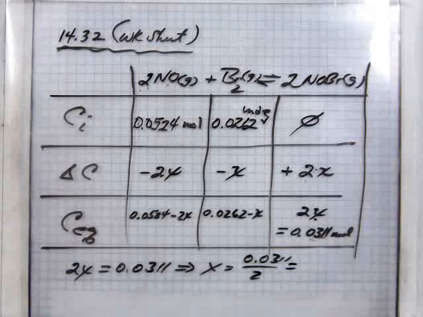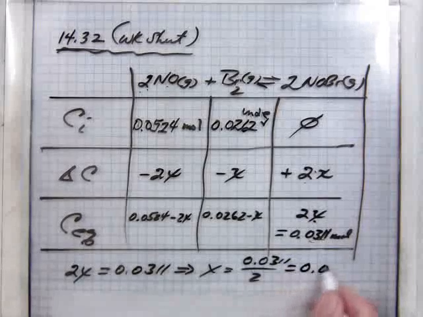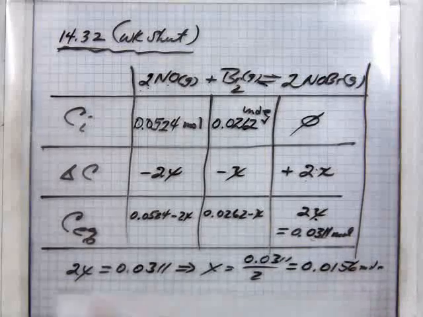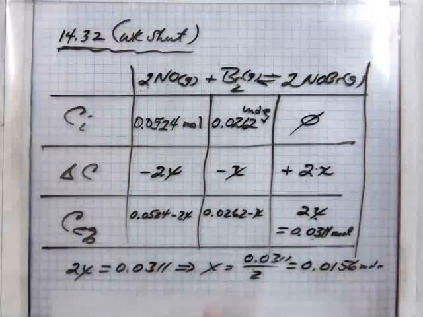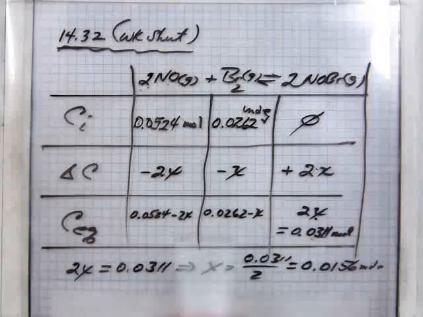Whatever that comes out, 0.0156 is X. So that'll allow us to now calculate the moles of each one of these on the reactant side.